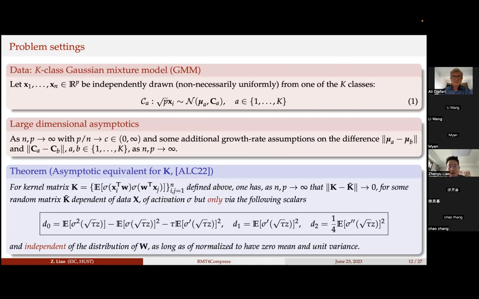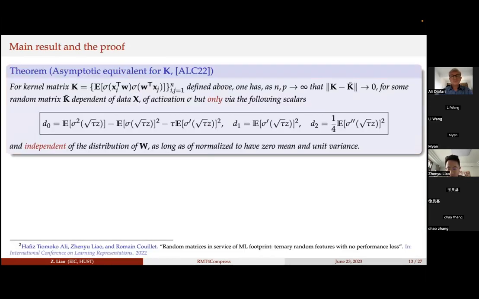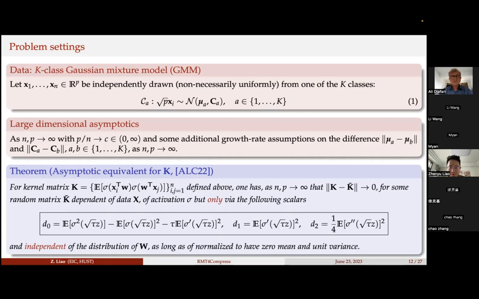Seeing the theorem, I thought W is the weighting matrix of your constructed network, and the weighting matrix can be randomly chosen just to fulfill the constraint of zero mean and unit variance. Is it? Yes, exactly, that's true.